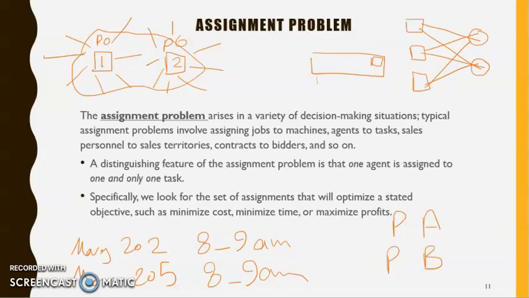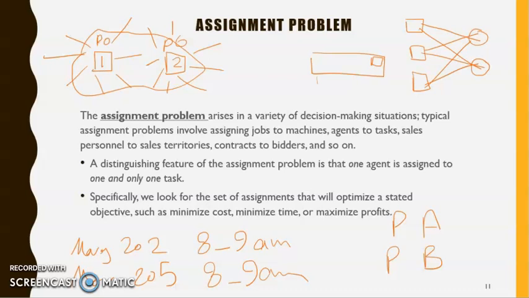You see, when I give you a practical example, you can understand it much better. A distinguishing feature of the assignment problem is that one agent is assigned to one and only one task, no matter whether it is professor to class or class to professor. You cannot assign 2 professors to one class at the same time, and also you cannot assign 2 classes at the same time to one professor.